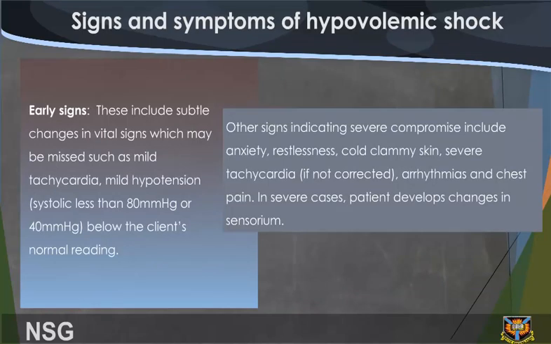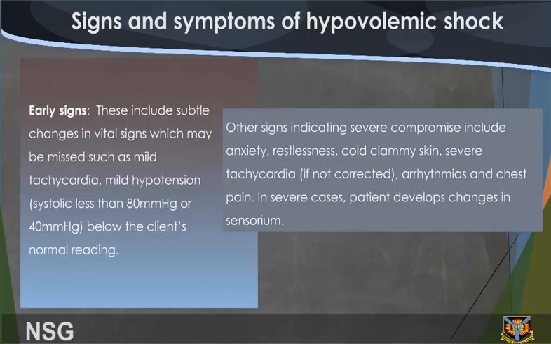Signs and symptoms of hypovolemic shock. Early signs include subtle changes in vital signs which may be missed, such as mild tachycardia and mild hypotension, with blood pressure less than 80 mmHg or 40 mmHg below the declined normal reading.